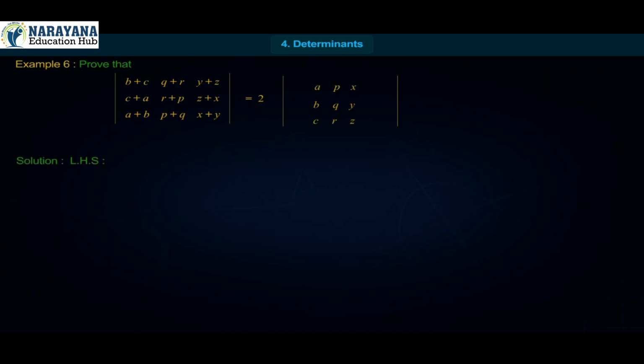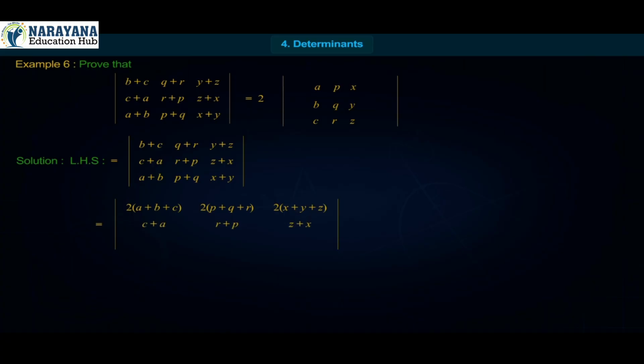Solution: left hand side, the determinant b plus c, q plus r, y plus z, c plus a, r plus p, z plus x, a plus b, p plus q, x plus y is equal to the determinant 2 into a plus b plus c, 2 into p plus q plus r, 2 into x plus y plus z, c plus a, r plus p, z plus x, a plus b, p plus q, x plus y.